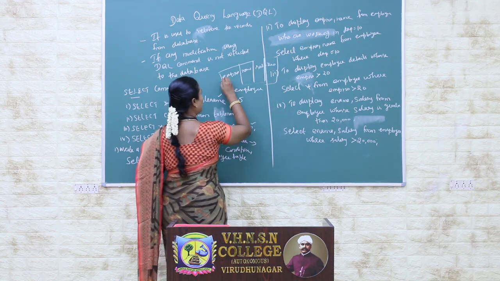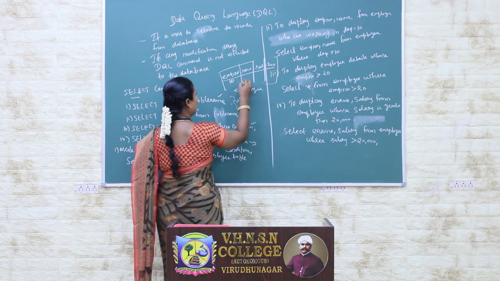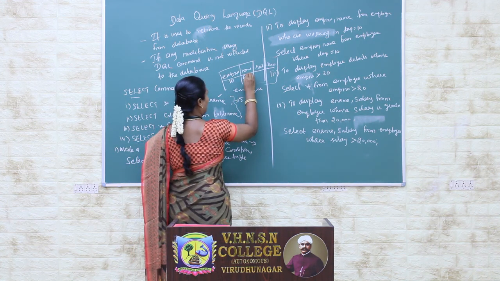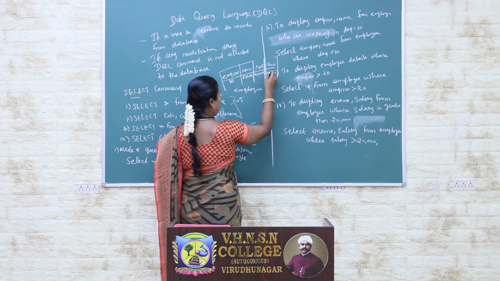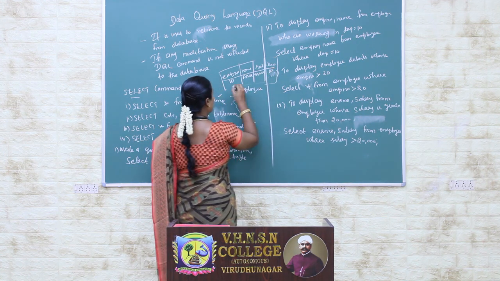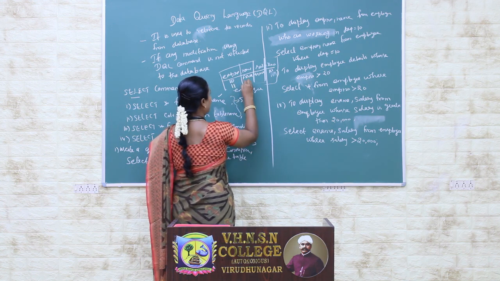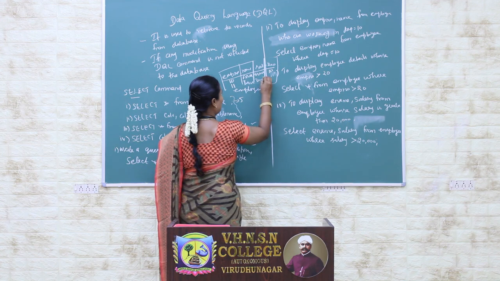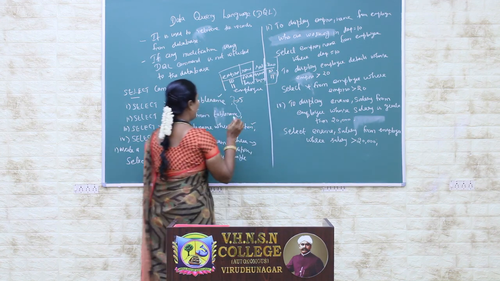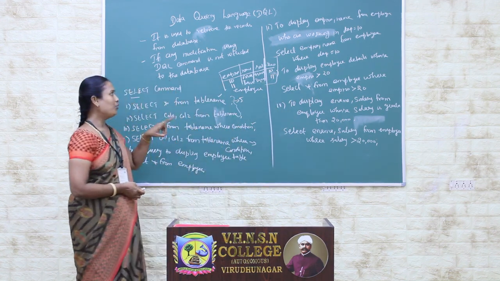This table contains 4 fields: employee number 10, name Anu, salary 20,000, department 10. Then employee number 11, Banu, salary 30,000, department number 11. Here I mention only 2 records.